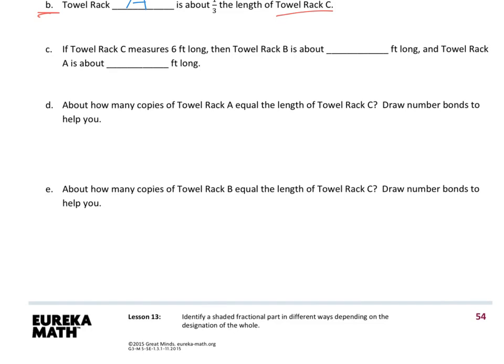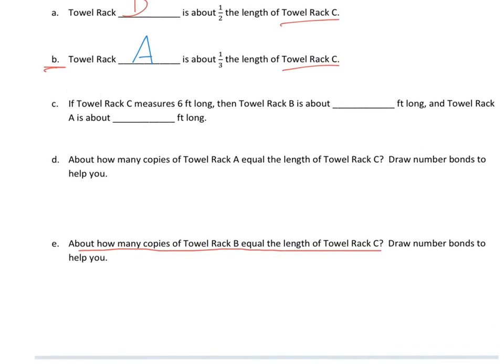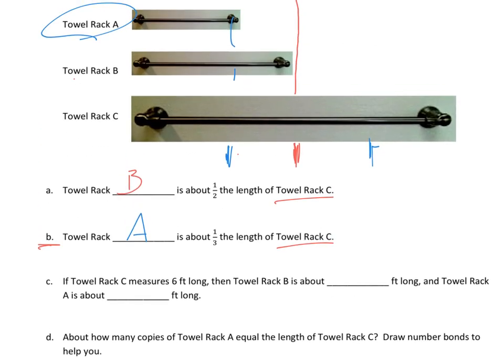Let's answer one of these bottom ones, just to help out, so we can show with a number bond. We'll do E. About how many copies of towel rack B equal the length of towel rack C? Draw number bonds to help you. So how many of B will equal C?